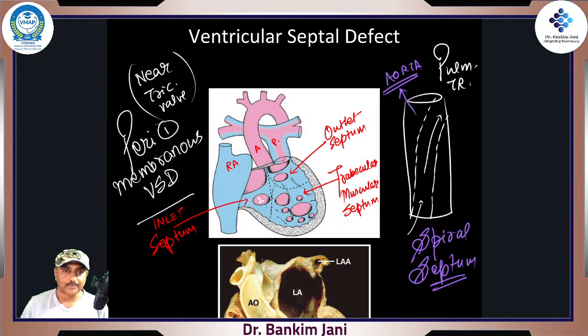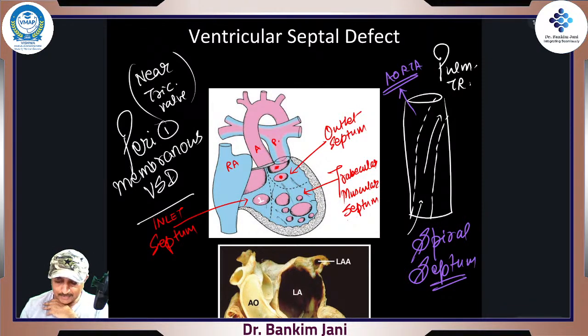Outlet septum. Either it is just at the root, just over here. Let me use the red pen. This is almost at the junction from where those outlet vessels are going, or it is at this new location which is slightly lower, basically the outlet septum.